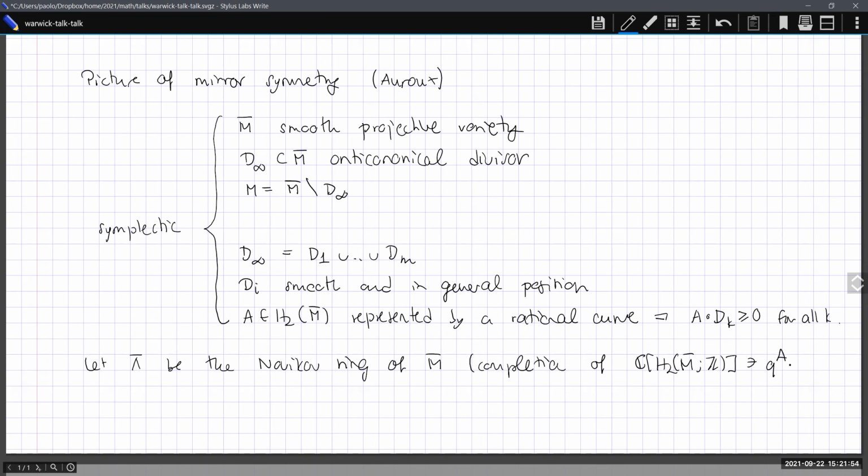I will write the generators as Q to the A. It's a particular completion, and lambda is the same for M, based on the homology of M instead of M bar, and there's an obvious map induced by the homology of M mapping to the homology of M bar. Is everybody good so far?